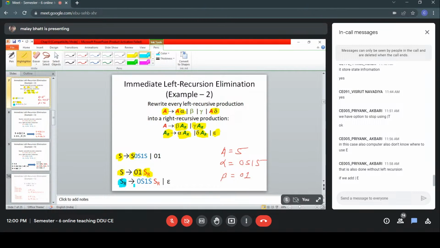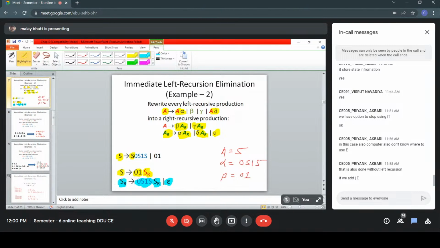So alpha is 0S 1S. So we'll write 0S 1S, and we'll introduce SR at the end. So it is a right recursive production now. And we have a null symbol. So this is how we'll get the grammar without a left recursion issue.